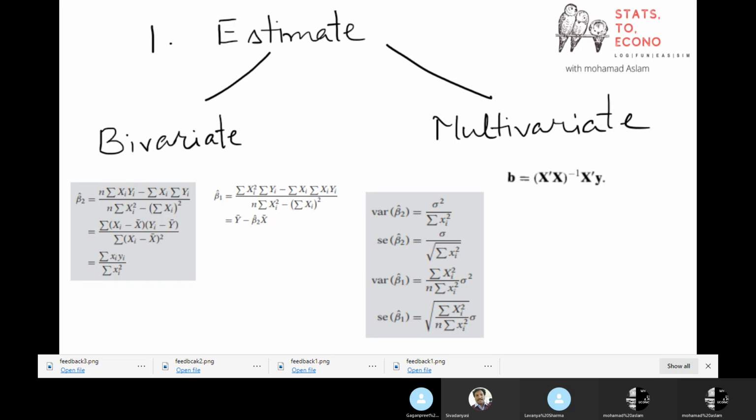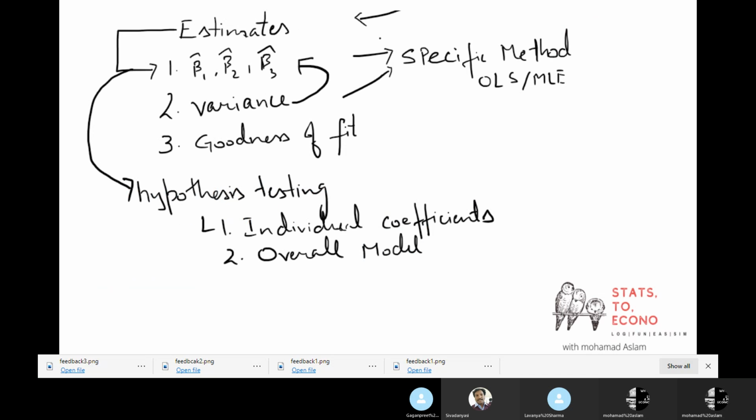Other derivations are done. So tomorrow, I'll jump to goodness of fit first, and then overall significance of the regression model. First only with the bivariate, and then we will do it with the multivariate as well. And then we have to start with the problems of these assumptions.